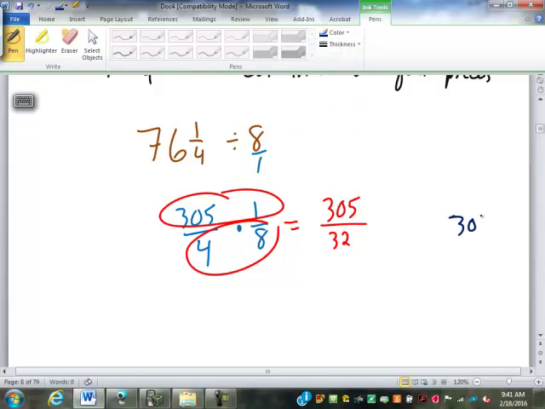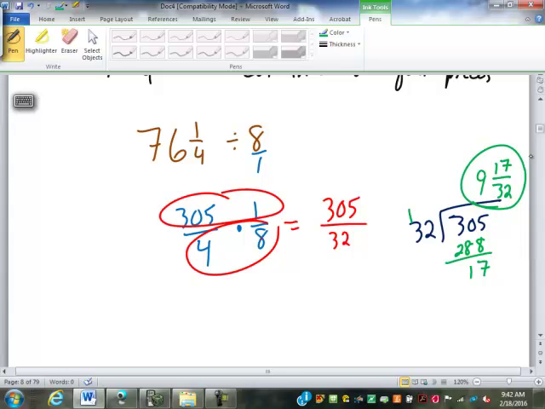So now this is not an easy reduction back into a mixed number. 32 goes into 305. Let's try it 9 times. 9 times 2 is 18, 9 times 3 is 27, 28, which gives us 17 left over. So 9 and 17/32. Each piece is going to be 9 and 17/32.